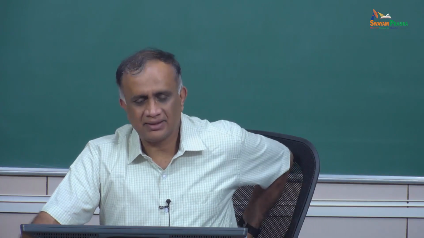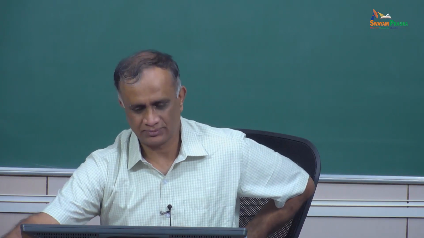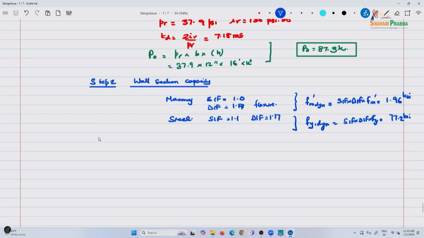That's something also to see, the effect of using high strength concrete and high strength steel, whether those things help. Maybe that could be a tutorial problem we can look at. But some of them we don't have the DIFs and the SIFs for.